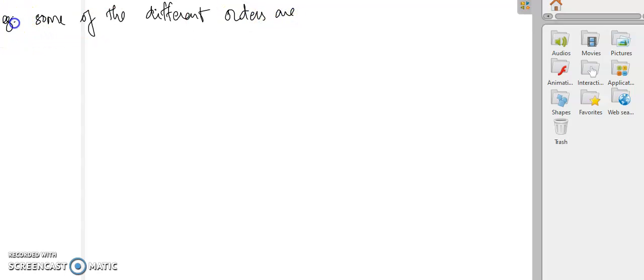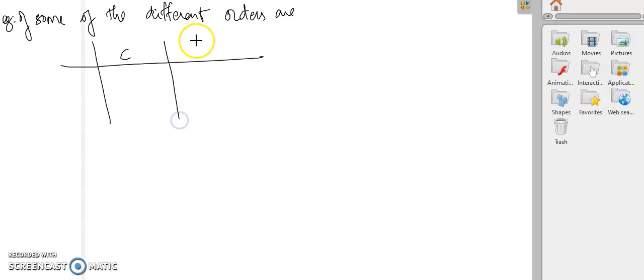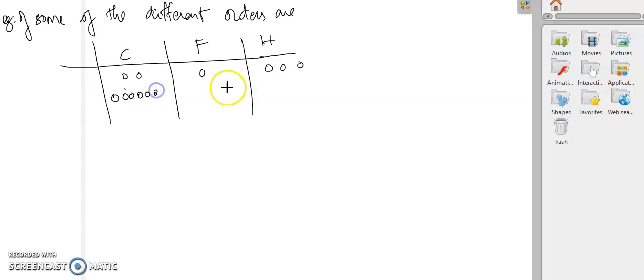Let me put it as a table. So you have chicken, fish and ham. I can have an order like this: 2 from chicken, 1 from fish and 3 from ham. Then all 6 can be from chicken, so here there is nothing.